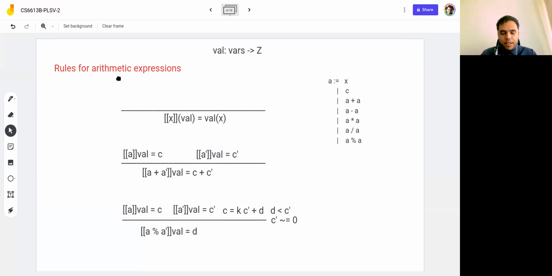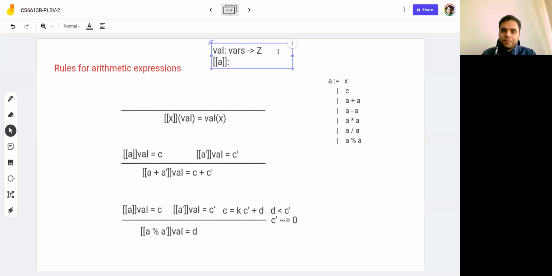Okay, so this is the definition of arithmetic expressions. And once again, just pay a lot of attention to the types. So evaluation maps variables to concrete values, and then the semantics of some expression A maps what to what?